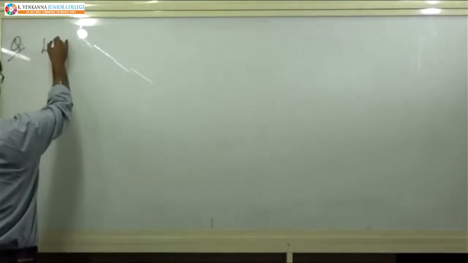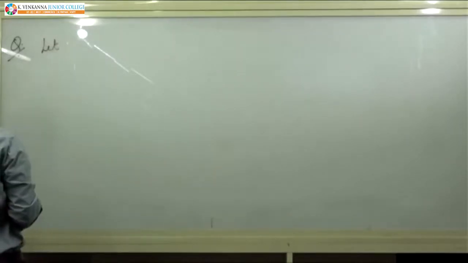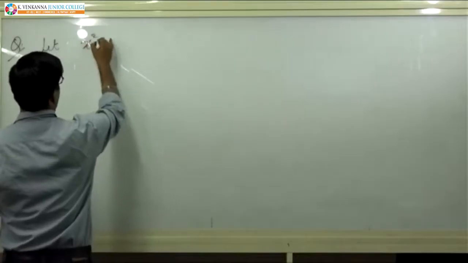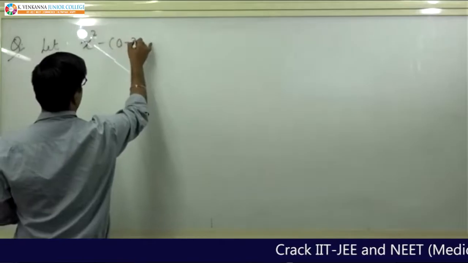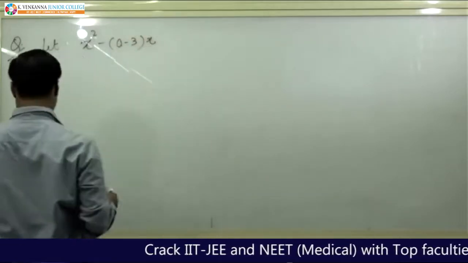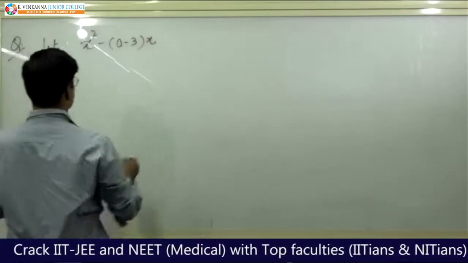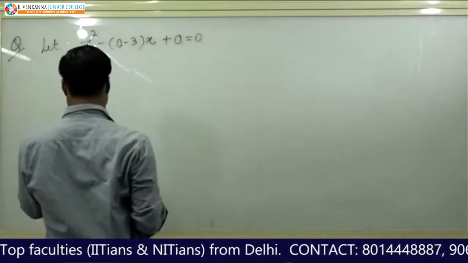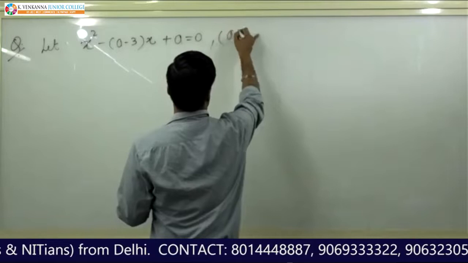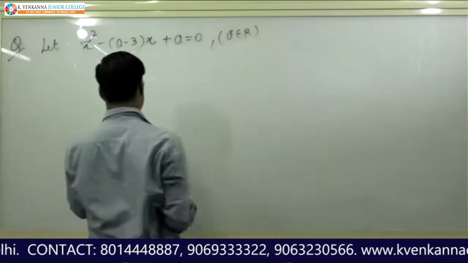Let x square minus (a minus 3)x plus a equal to 0, where a is real.